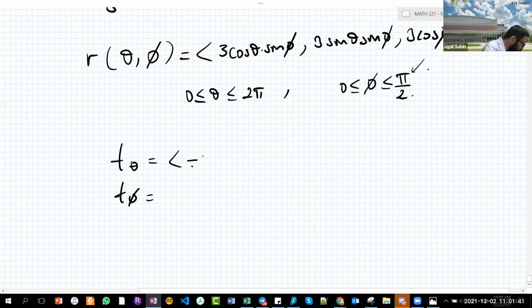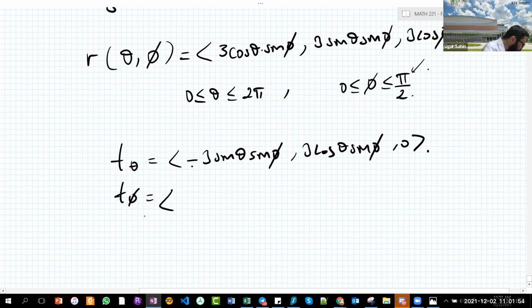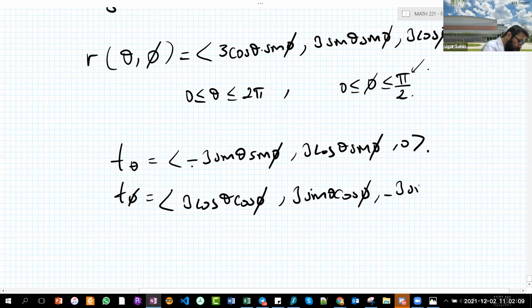T theta is -3 sine theta sine phi, 3 cosine theta sine phi, and 0. T phi is equal to 3 cosine theta cosine phi, 3 sine theta cosine phi, and -3 sine phi.